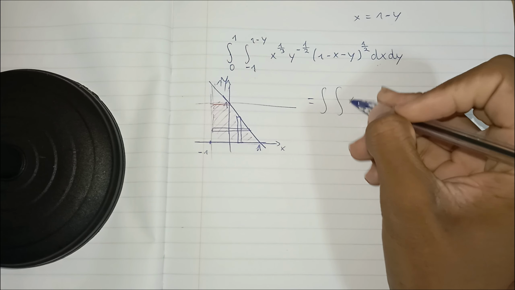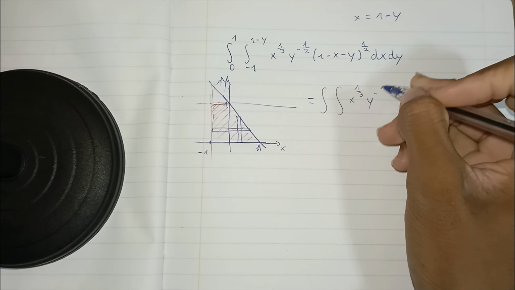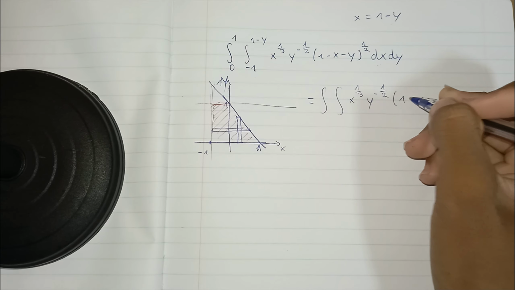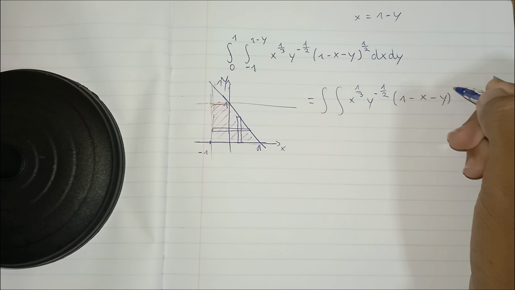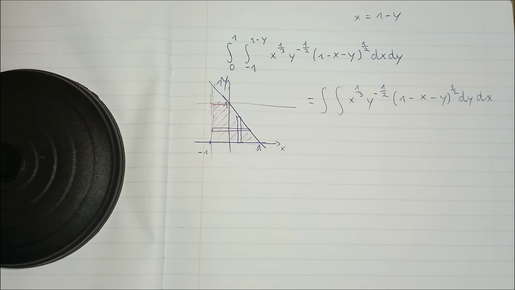Let me write this: x to the power 1 over 3, y to the power -1 over 2, this blah blah blah to the power of 1 over 2 dy dx. I'm doing this because I want to do something really cool in the future. If you don't do this, it'll be almost impossible.